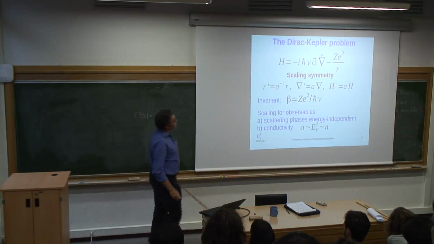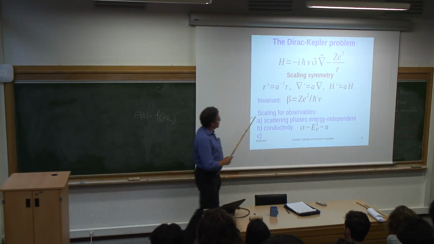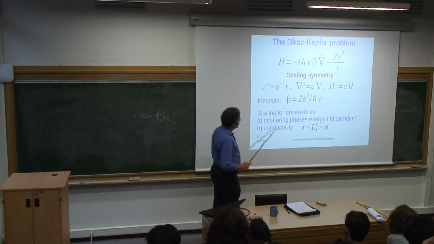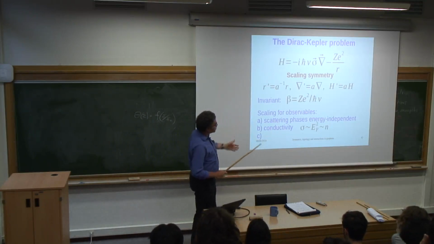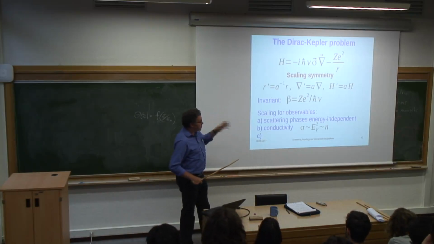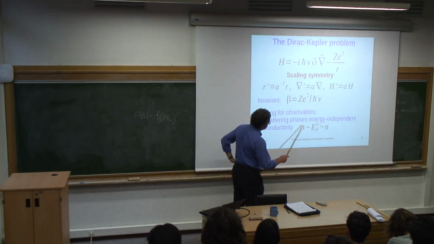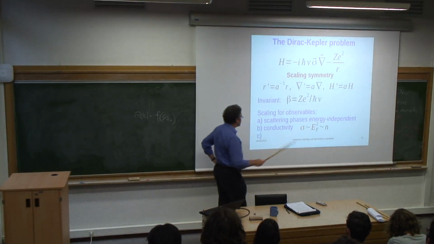But in this problem, we don't have units of energy, so scattering phases should be constant, and then from that, for all dimensional quantities, you can similarly argue what their dependence on energy should be, and so for Fermi energy, conductivity will scale as Fermi energy squared, etc.